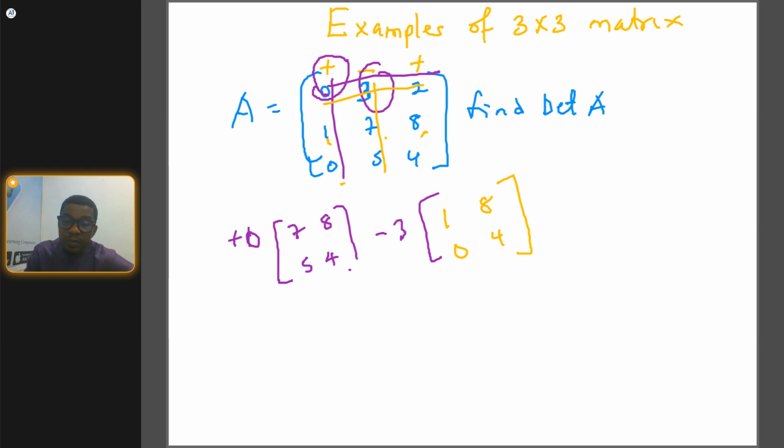We are left also with plus 2. So plus 2 should give us plus 2, and this is crossed out. We have 1, 7, 0, 5.